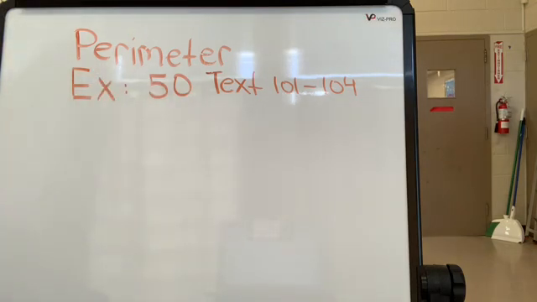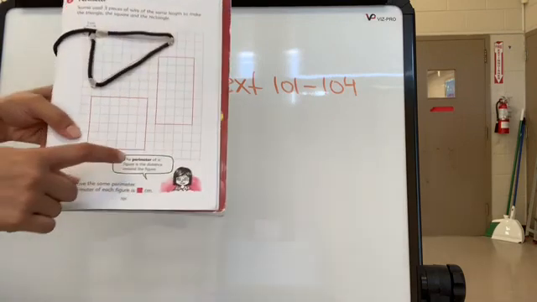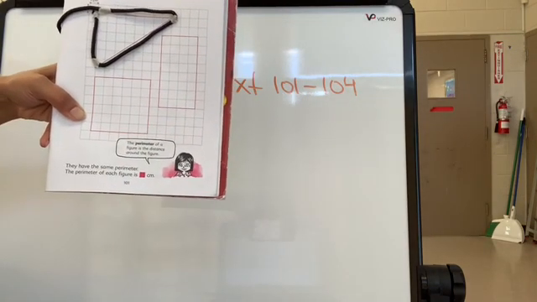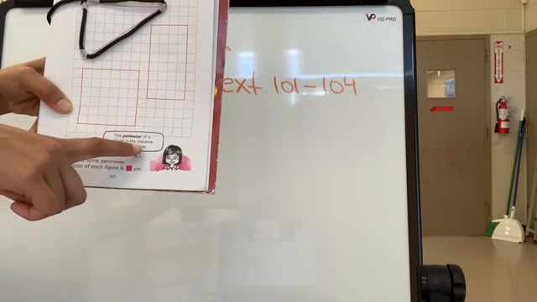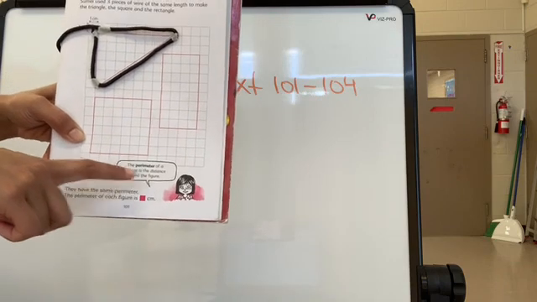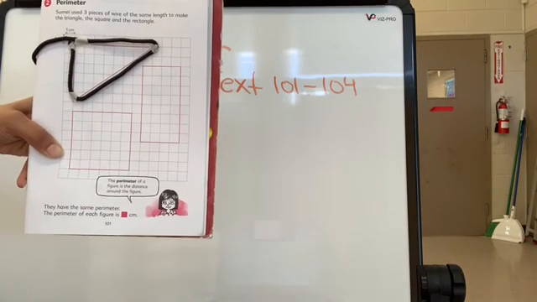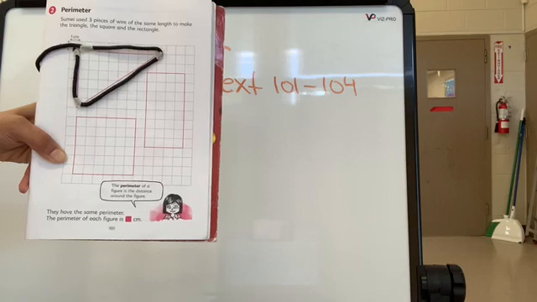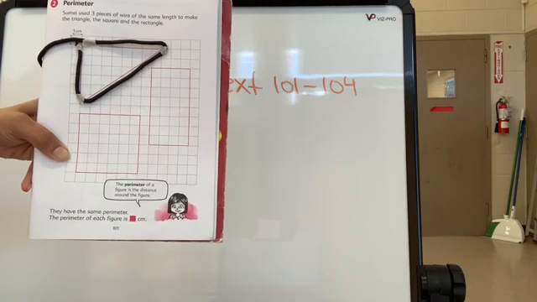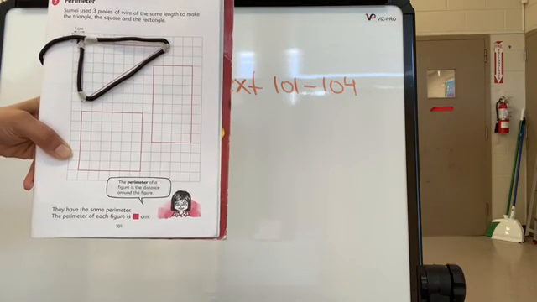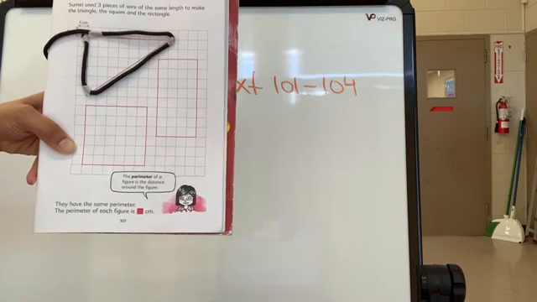perimeter is. If you look at page 101, your textbook says the perimeter of a figure is the distance around the figure, and that is the definition of what a perimeter is. A perimeter can be of any figure.